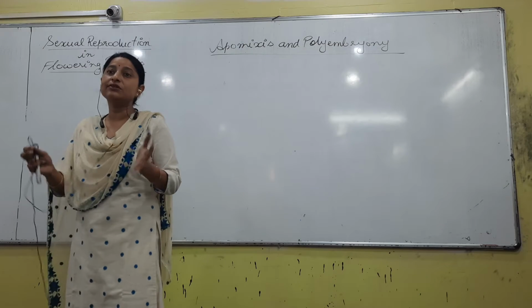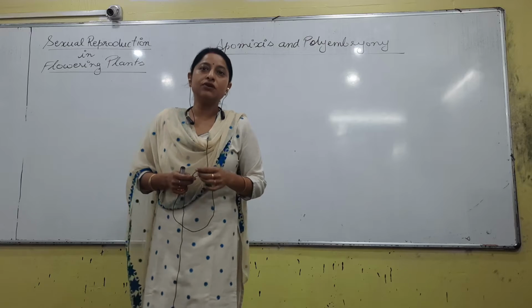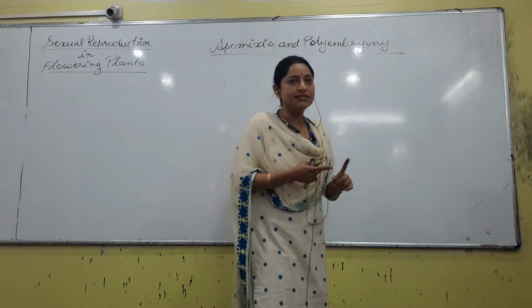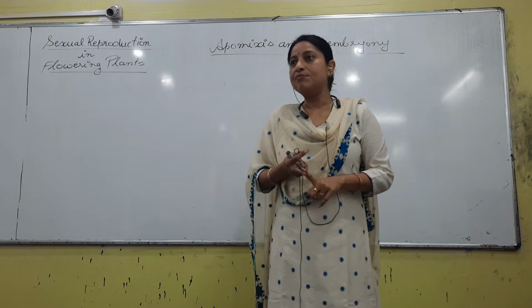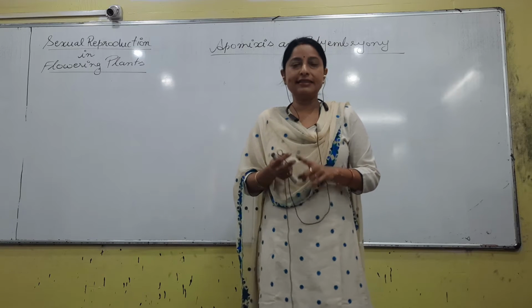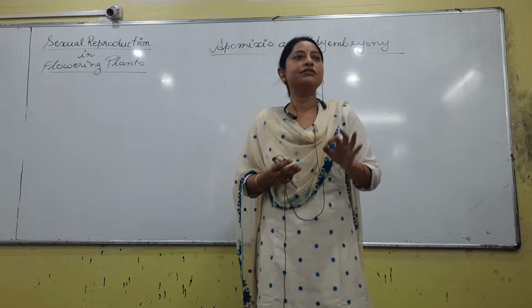Each member of these clones is called a ramet, R-A-M-E-T. So apomixes is a process of asexual reproduction, the interesting point being that seeds are formed. Offsprings are said to be clones, and out of the clones, each member is called a ramet.